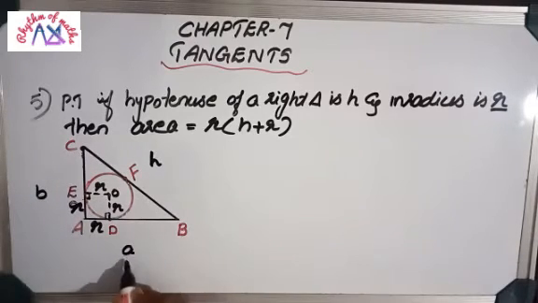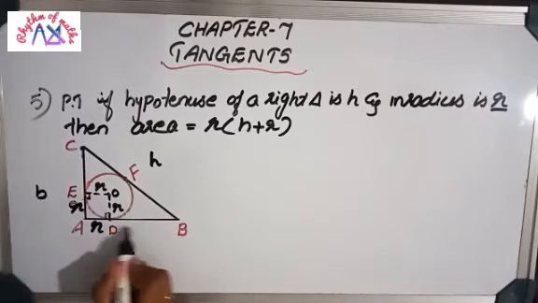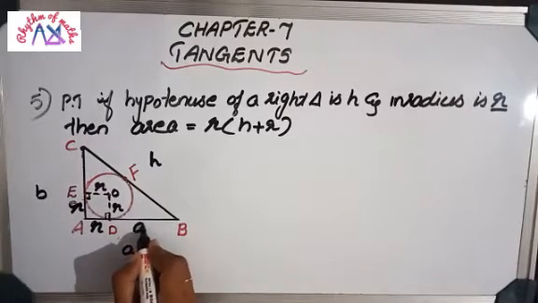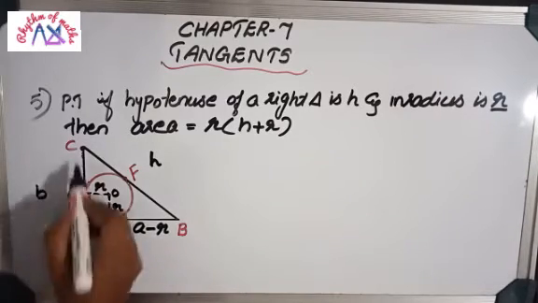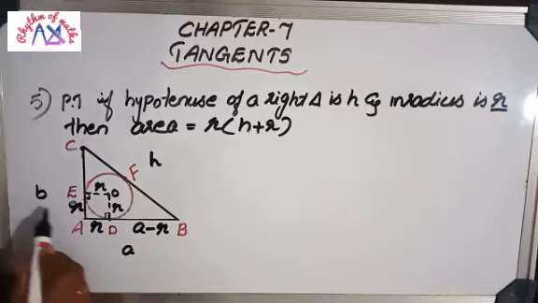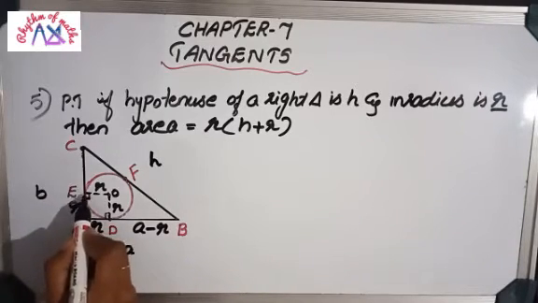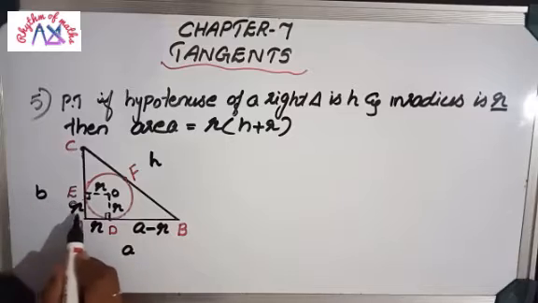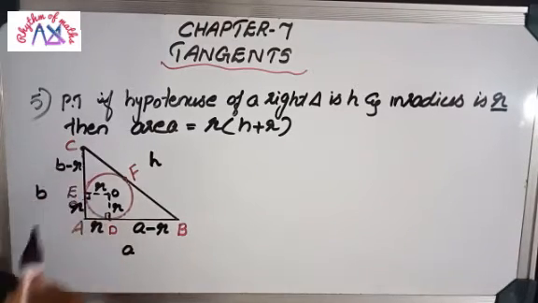So the total A to B is small a. Out of that, A to D is small r. Then the remaining will be a minus r. Now here A to C total is b. Out of that A to E is small r. Then the remaining E to C will be the total minus this portion, so b minus r.